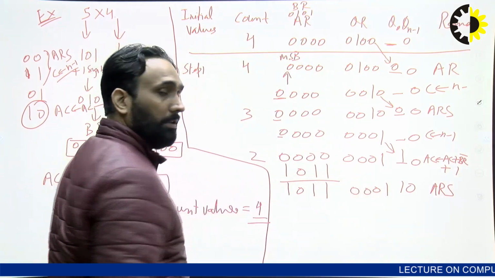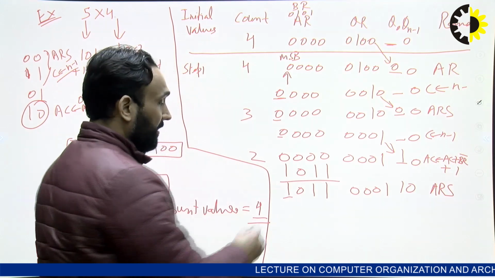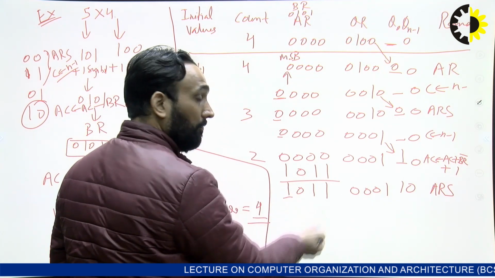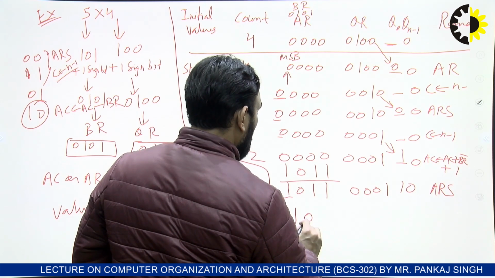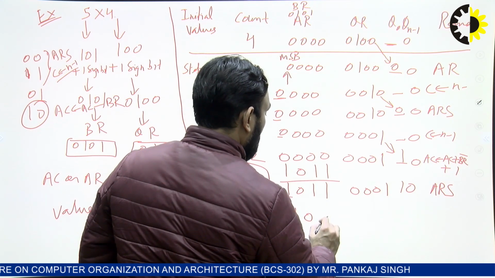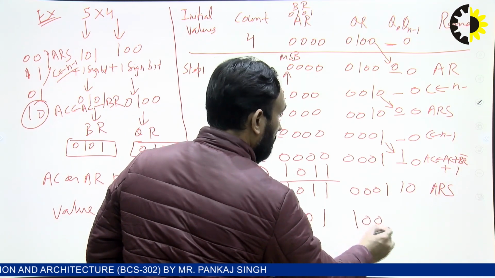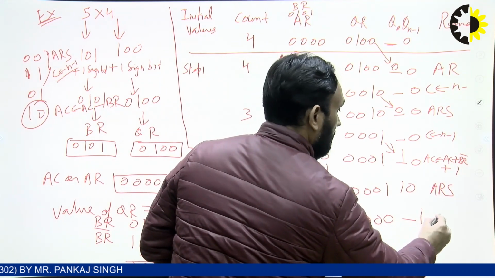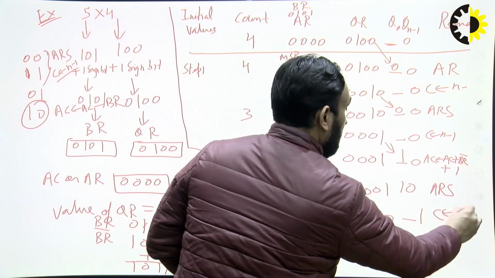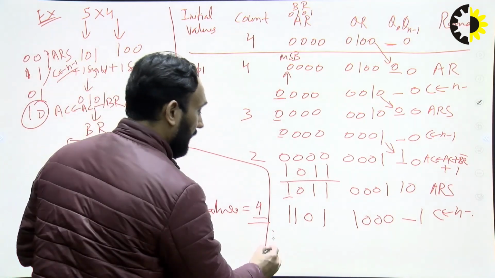When we shift towards the right, as I said earlier, the MSB bit will generate. So what is MSB? That is 1. So 1 will again generate 1 0 1, and this one shifted to there 1 0 0 0 dash 1, C tends to n minus 1. So now the count value is 1.